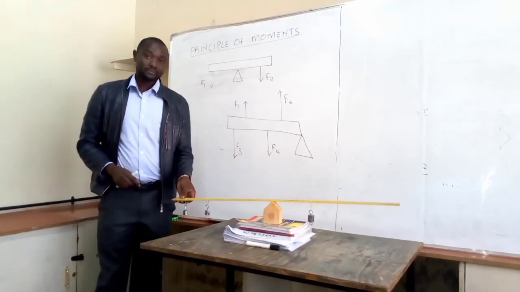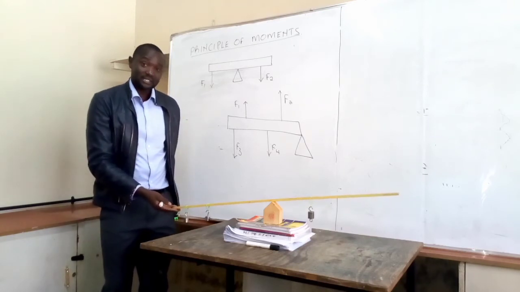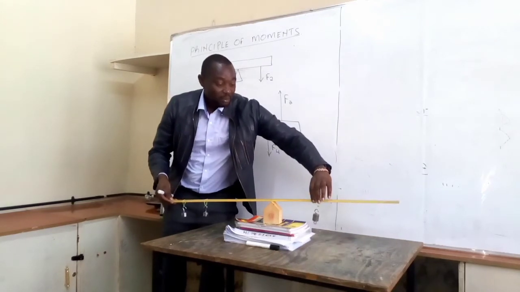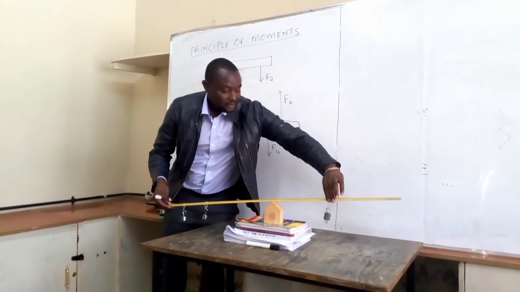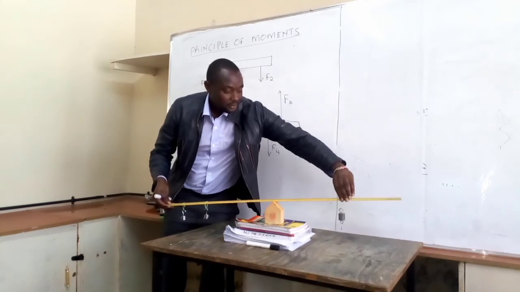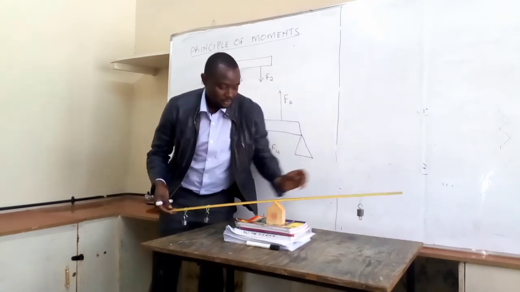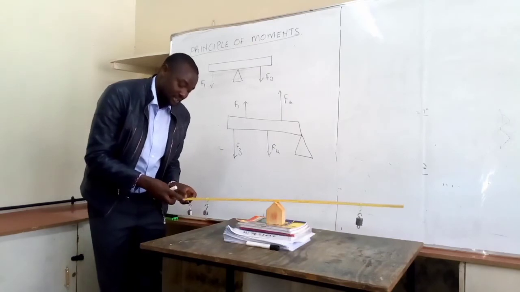We can actually add another force there to cause a second moment. You can see now the anti-clockwise is increasing. So what do I do? I simply increase the perpendicular distance. And I can also reduce the distance on the other side.